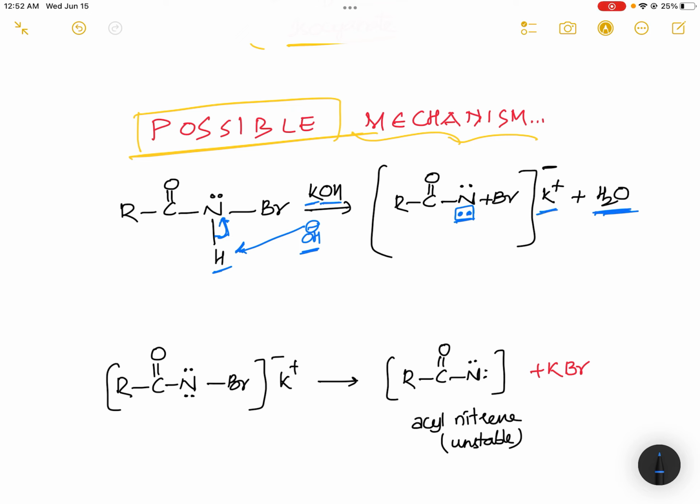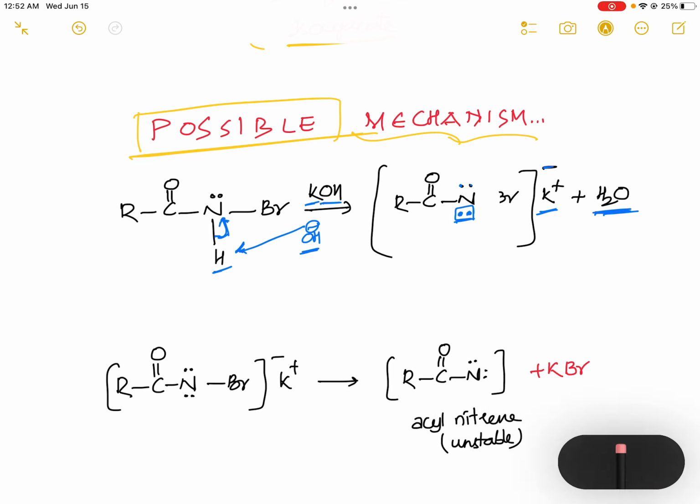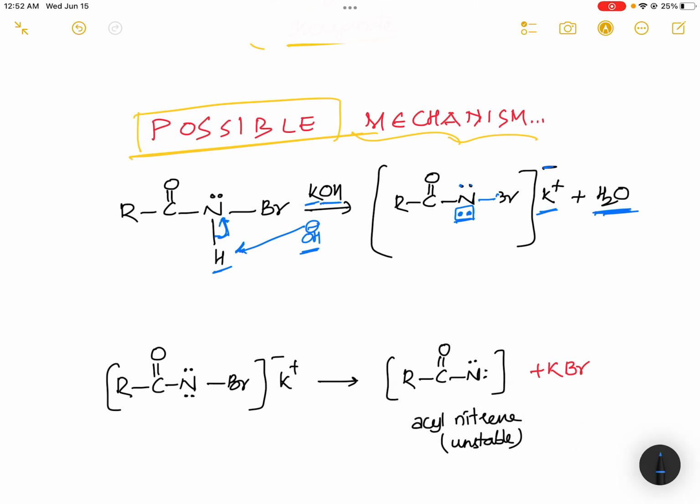So overall RCONBr, 2 electron pairs, this will get a negative charge. Okay, this is not plus, that is a bond actually. So this is the first one.